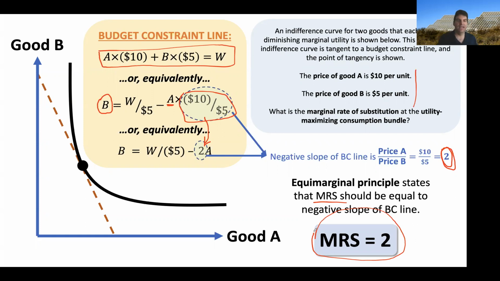So that's just saying that if the market is willing to trade 2 units of B for 1 unit of A, then it is best for me to buy and sell A and B until I am also willing to trade 2 units of B for 1 unit of A. And that's what this marginal rate of substitution is representing.